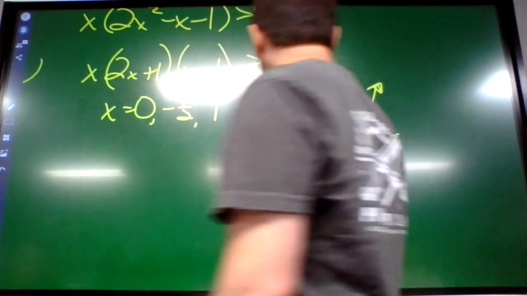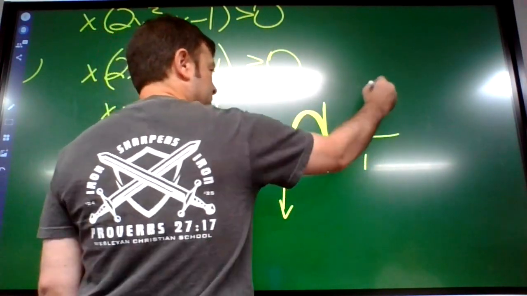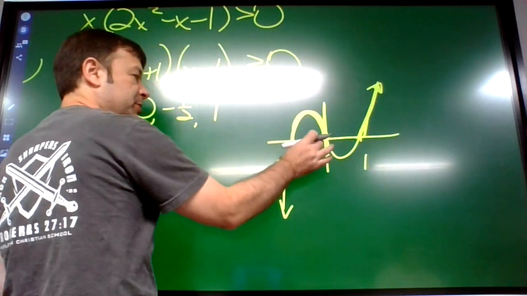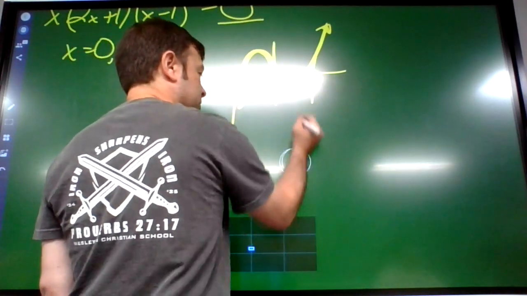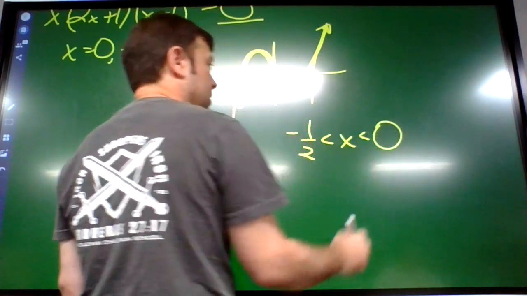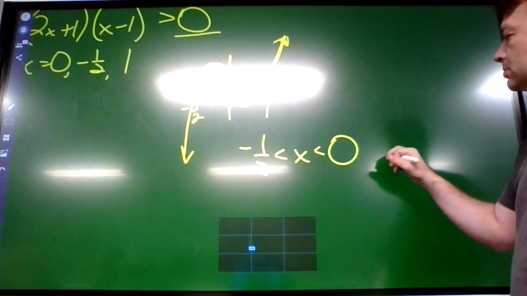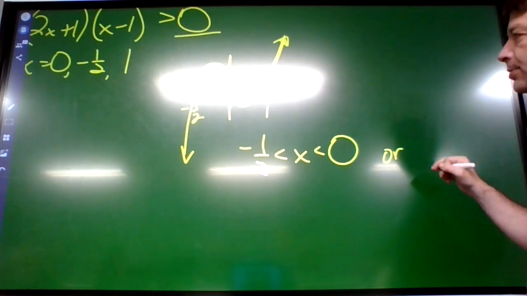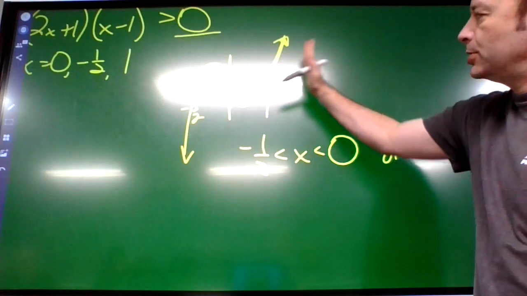In between the numbers, here and here. So between -1/2 and 0. And, well, technically it's an or. Past 1.